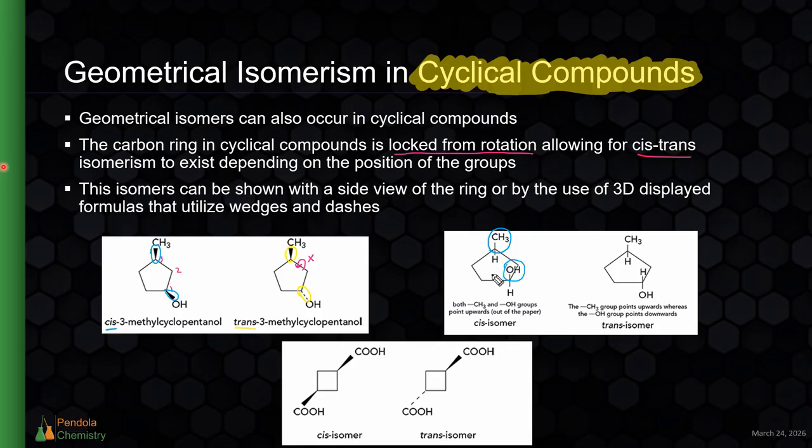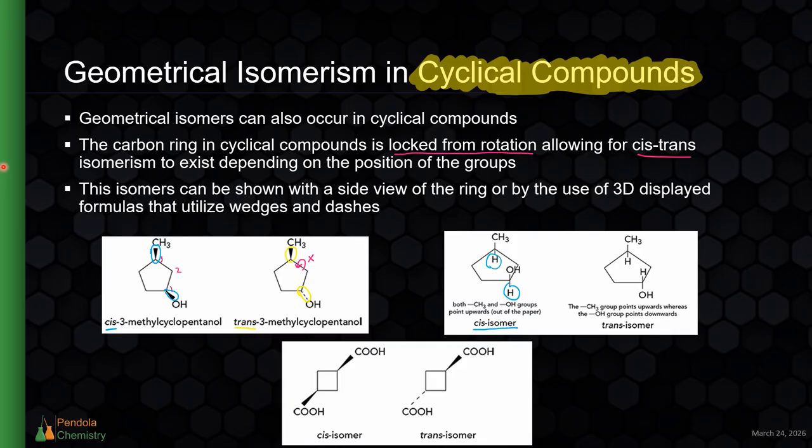The other way to view it, if you want the groups to be exactly the same, is that we have hydrogens, because remember, each carbon needs 4 bonds, which means every single one of these bonds has a hydrogen on it. The hydrogens are both on the bottom side of the ring. That's what makes this a cis isomer.